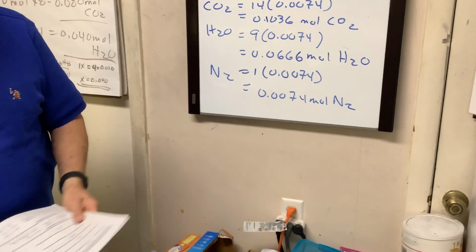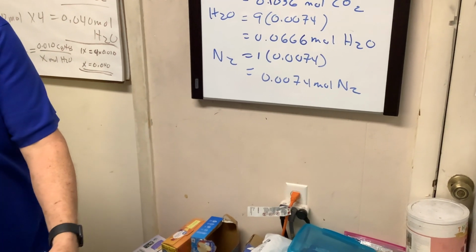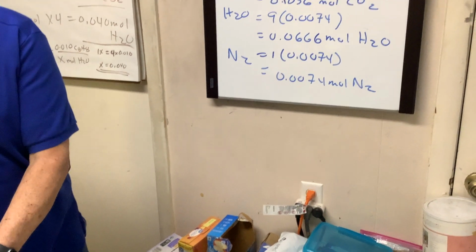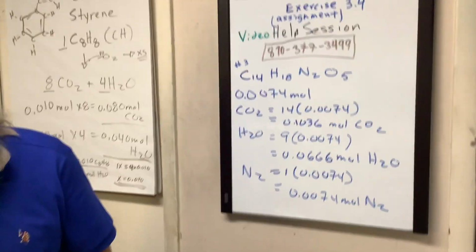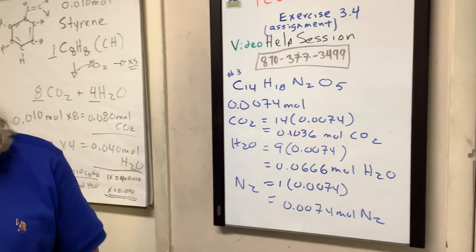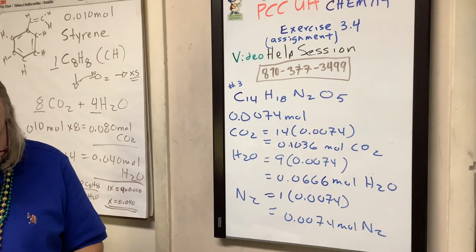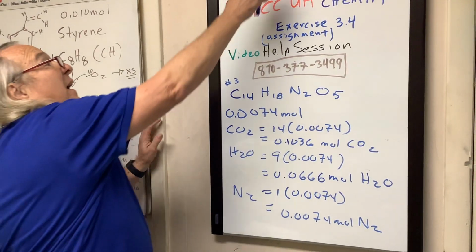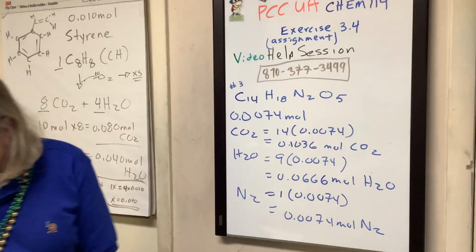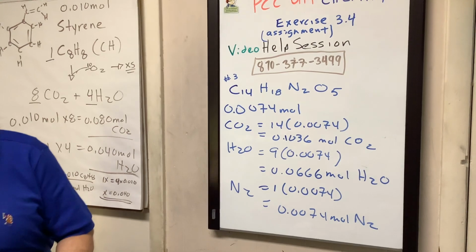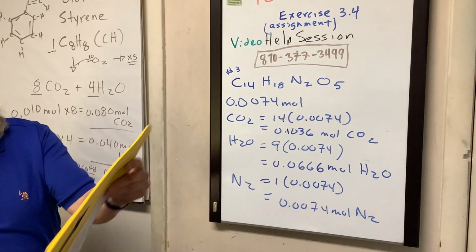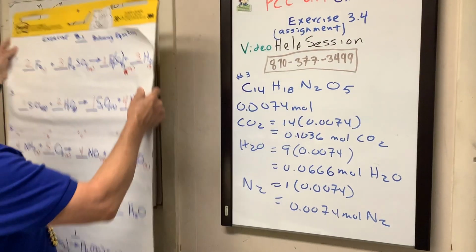So now this second part to this question takes us back to the assignment that you had at the beginning of this chapter. And that was our assignment, or exercise 3.1.